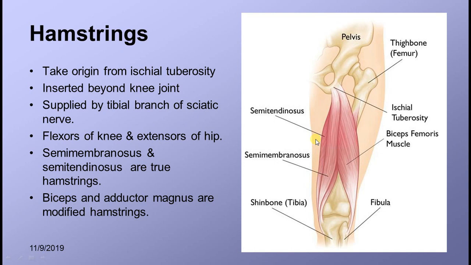Next, the adductor magnus muscle again has an adductor part which takes origin from the pubis. Then it is supplied mainly by an additional obturator nerve. Okay, so they are all modified hamstrings, present here mainly for the functional aspect.